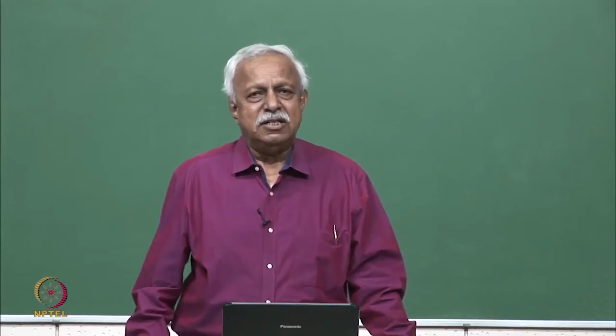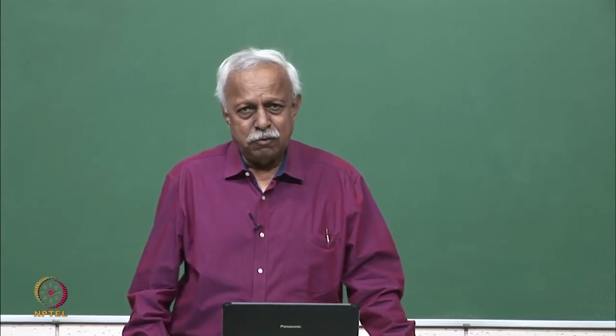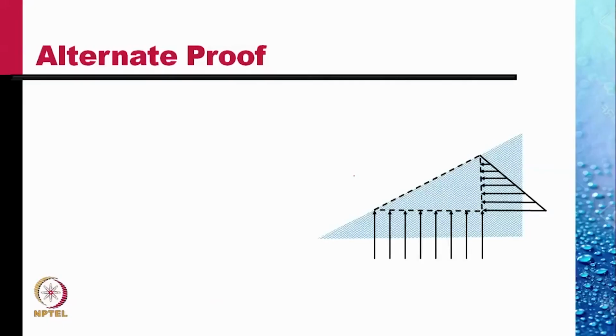The forces acting on this are the pressure variations on the vertical face. These are horizontal forces. Then there are forces on the bottom, which are uniform because the bottom is horizontal at the same level. Clearly, this magnitude of force must be the same as this magnitude of force.